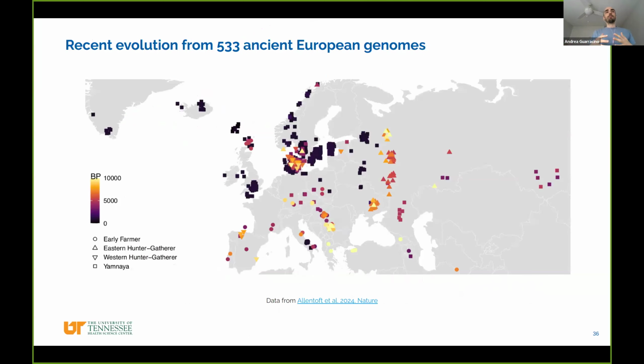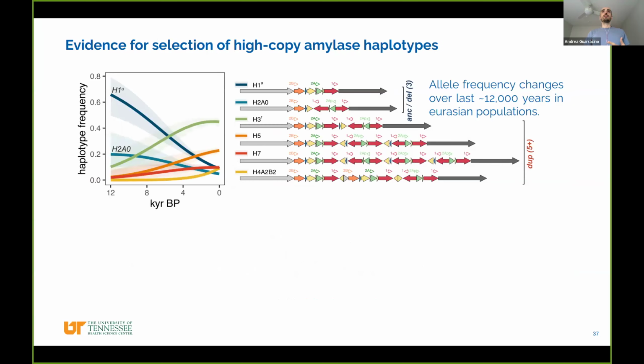We also applied this method to ancient European genomes to study the evolution in this locus. And here to the right, I'm reporting the 6 configurations with the highest frequency in these ancient samples. And to the left, there is a plot of the frequencies of these configurations over time, over the last 12,000 years before present.